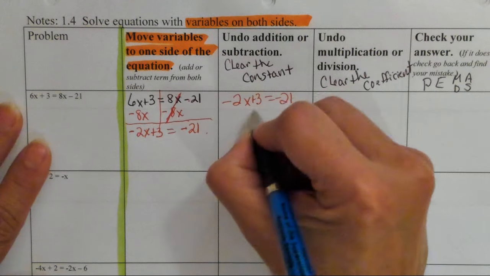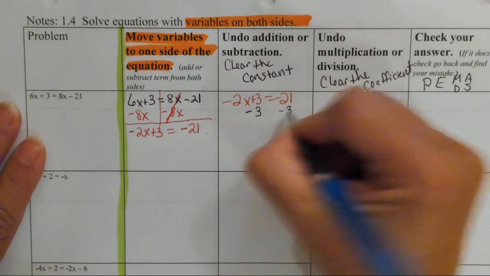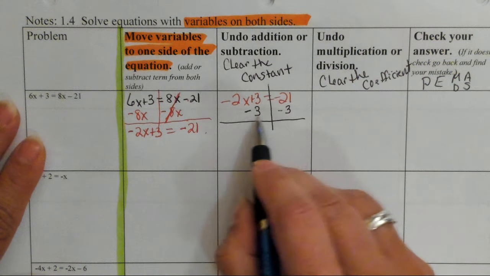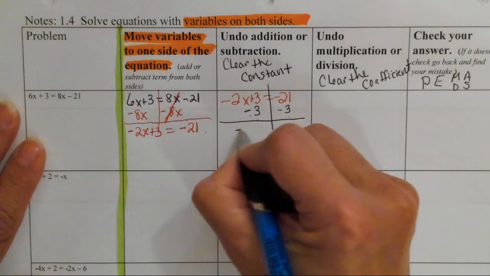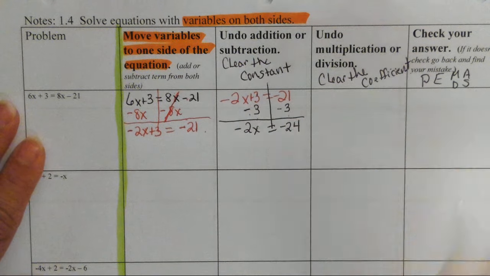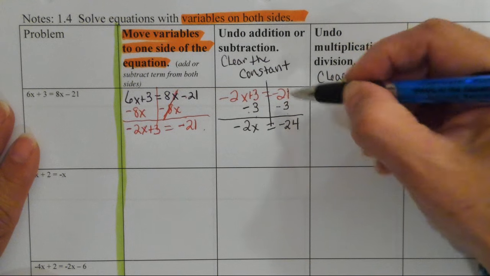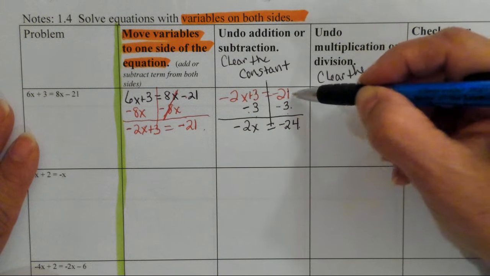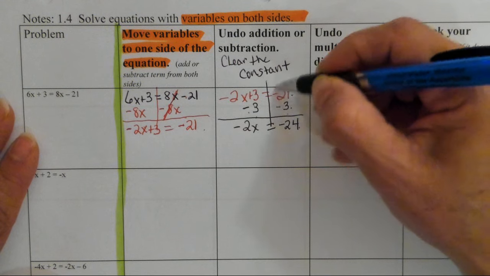And again, all these steps today are about opposite operations. I have a positive 3, so I'm going to subtract 3 to make it disappear. That leaves me with, again here, negative 21 minus 3. Some of you mess up your arithmetic there whenever you combine two negatives.